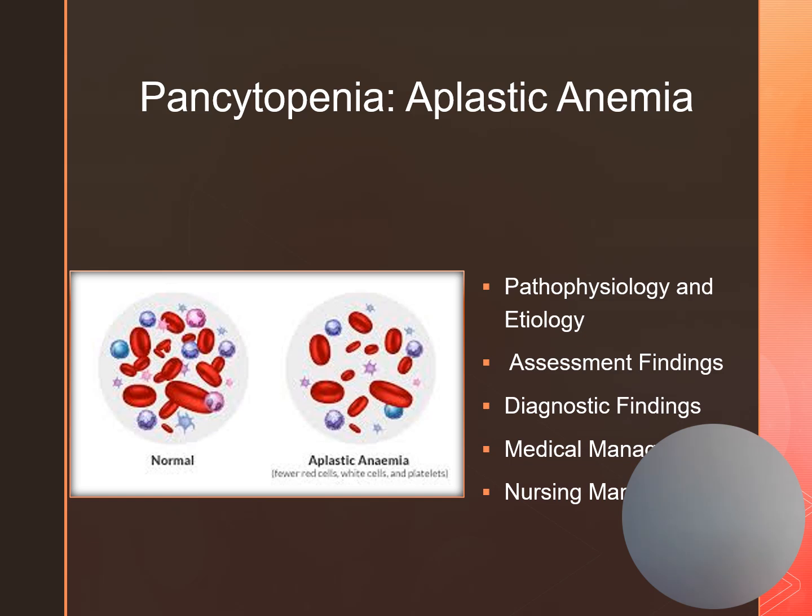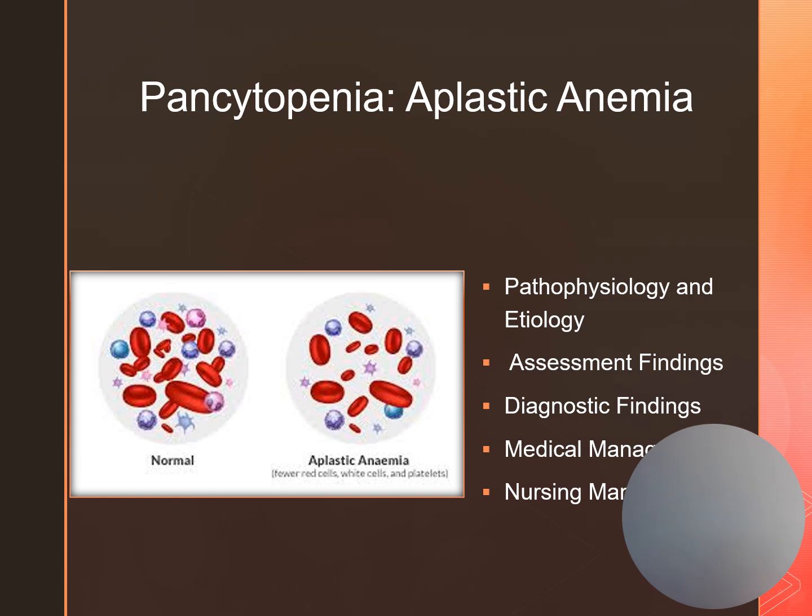One thing I do want to point out is with aplastic anemia, usually we're not going to see these symptoms for a couple of weeks after exposure to whatever agent is causing the issues with the bone marrow.